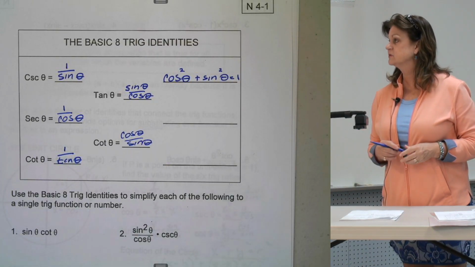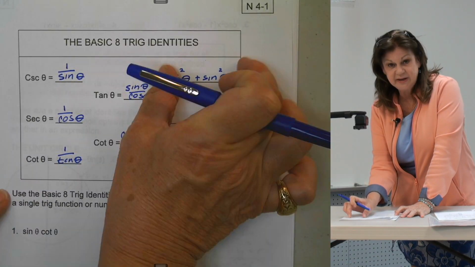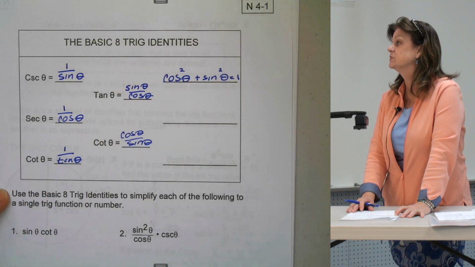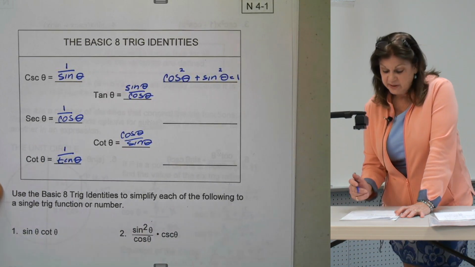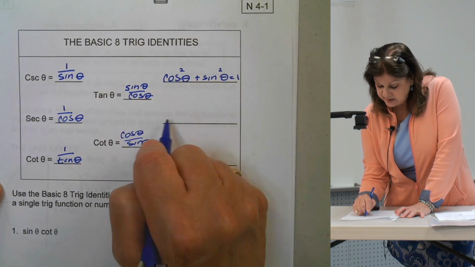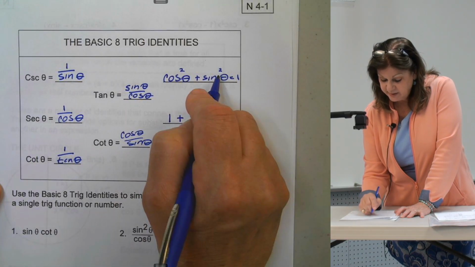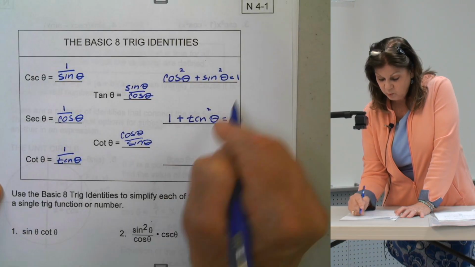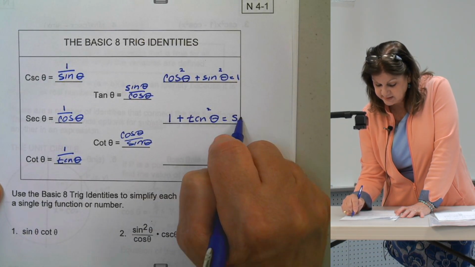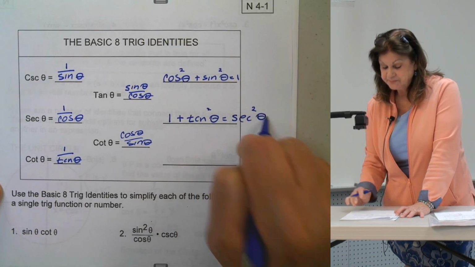How can I find the first one? And again, the tools are right here. Once you have cosine squared plus sine squared is 1, you have all the tools you need. What if we divide by cosine squared? Cosine divided by cosine is 1. Sine over cosine is tangent. And 1 over cosine is secant.